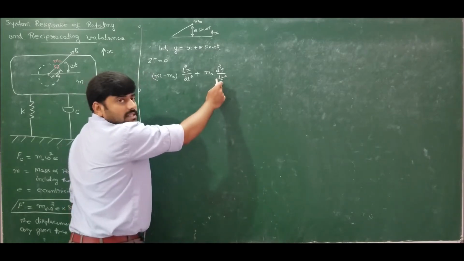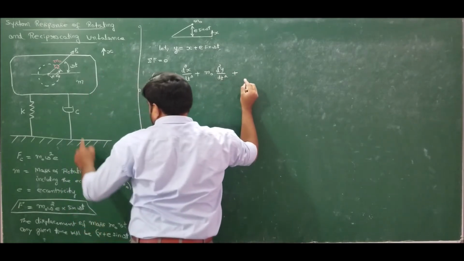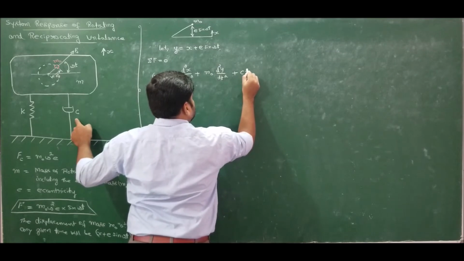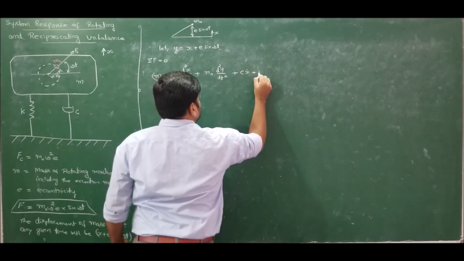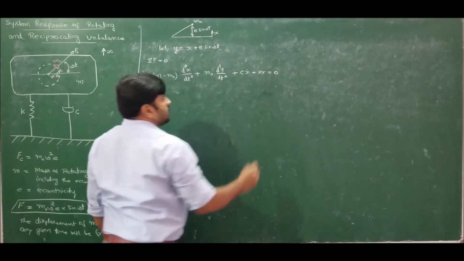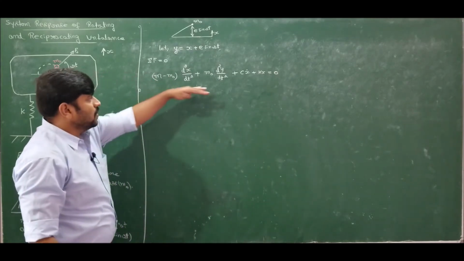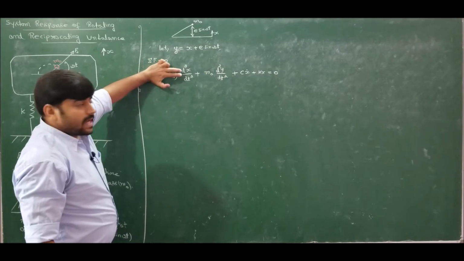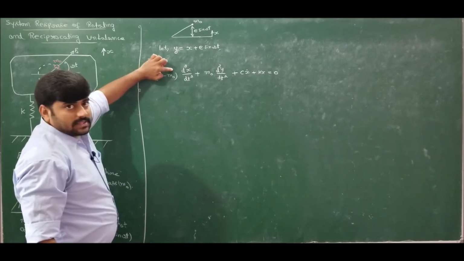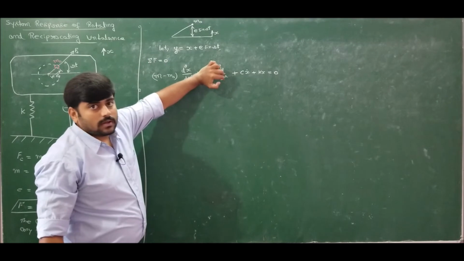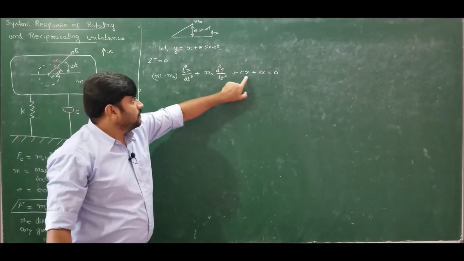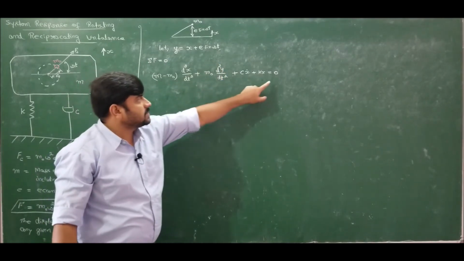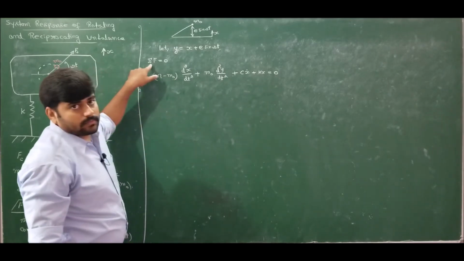Mass into acceleration is inertia force, plus damping force c x dot, plus spring force kx. This must be equal to 0. Hope this is clear: the inertia force of the rotating machine excluding m naught, the inertia force of m naught, the damping force and the spring force. The sum of all these must be equal to 0 for equilibrium.